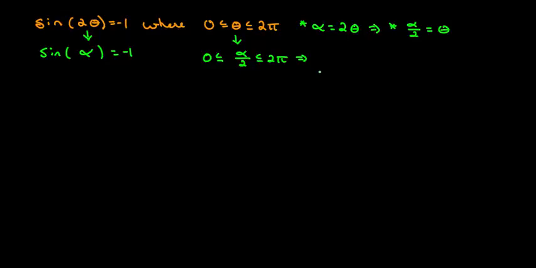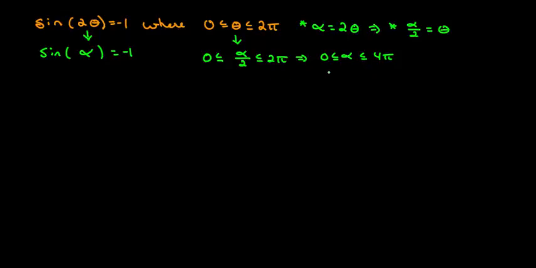If I multiply everything by 2, I get 0 is less than or equal to alpha, which is less than or equal to 4 pi. So if you think about it, since alpha is equal to twice theta, and theta is between 0 and 2 pi, then alpha has to be between 0 and 4 pi.